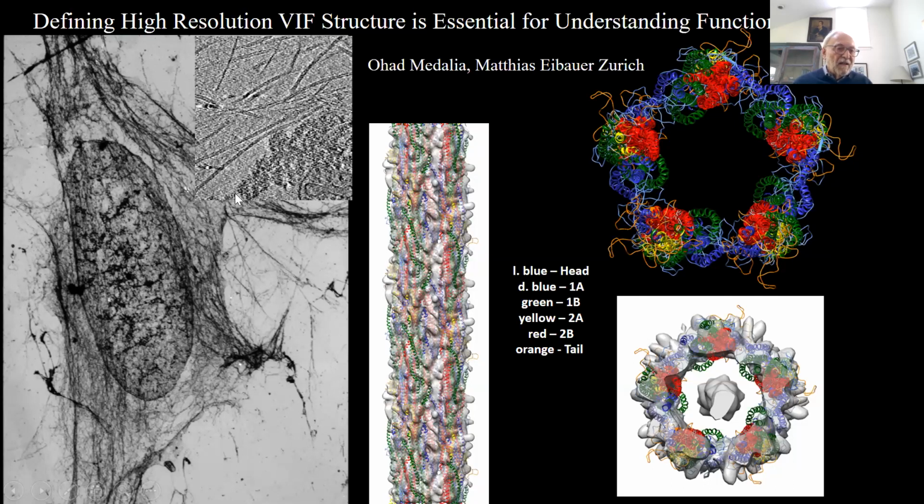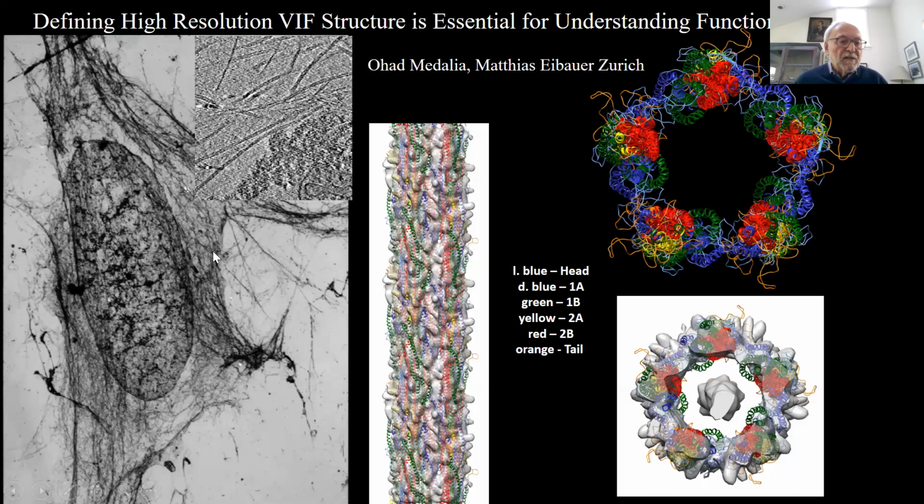This is actually a cell. This is a chicken embryo fibroblast grown on an electron microscope grid. And this was our first procedure for isolating Vimentin from cells, intermediate filament proteins from cells, back in the 1970s.